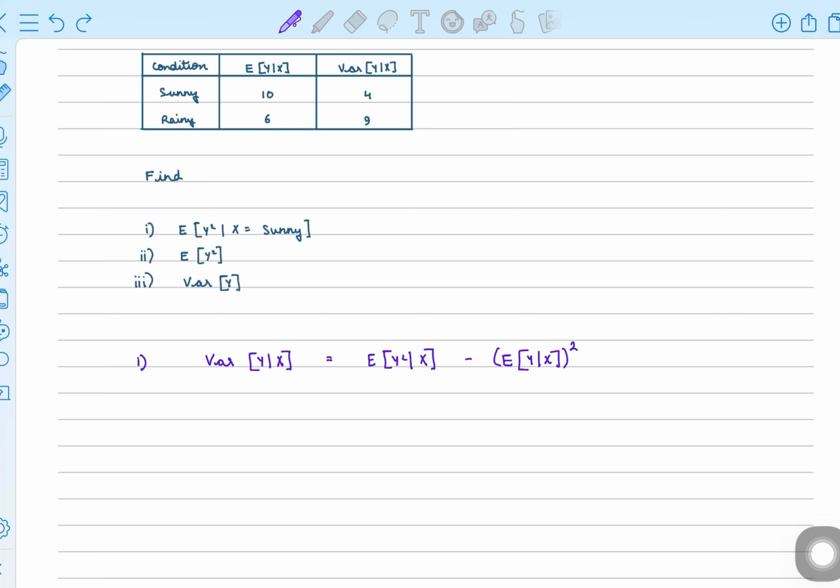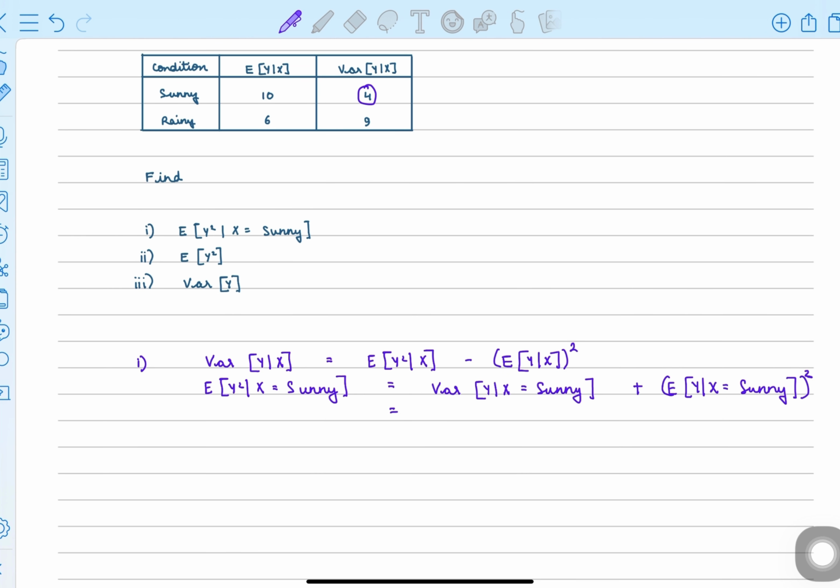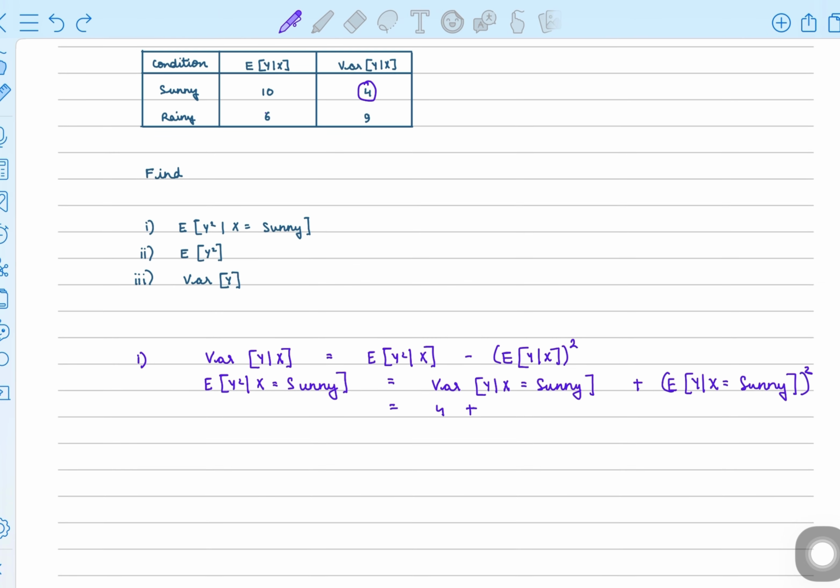We rearrange this equation to get it in terms of the expectation of y square given x. Next, we look at the table and insert the appropriate values. The variance of y given x when the weather is sunny is equal to 4. Similarly, the expectation of y given x when the weather is sunny is equal to 10. This gives us our final answer for the first part as 104.